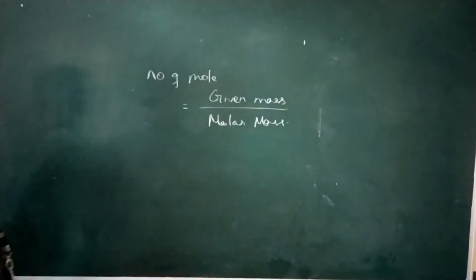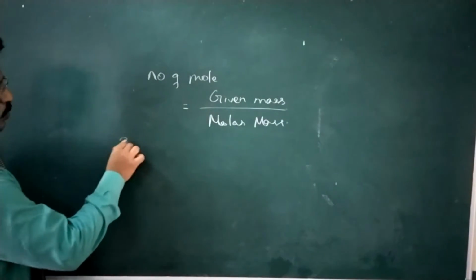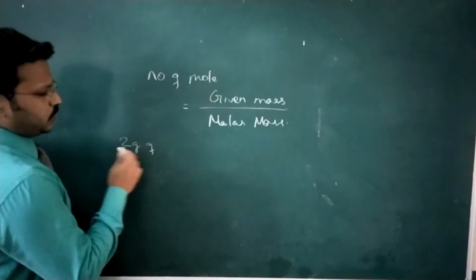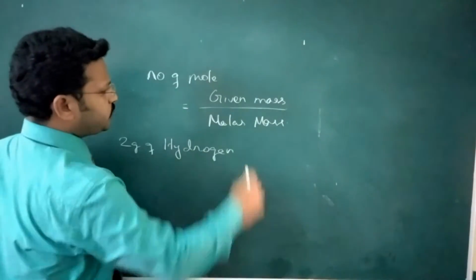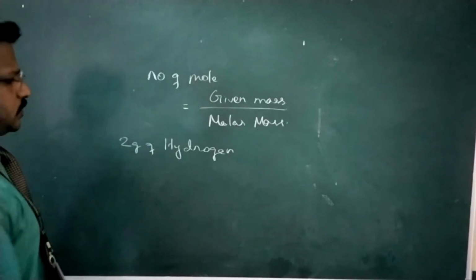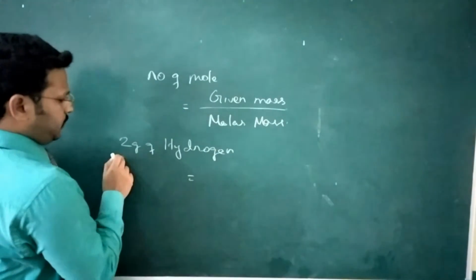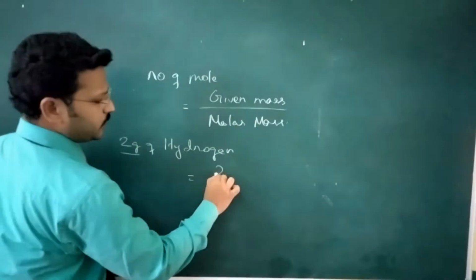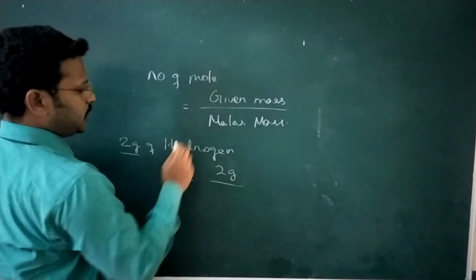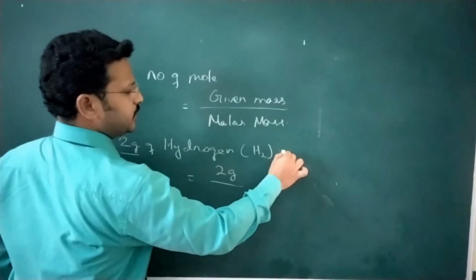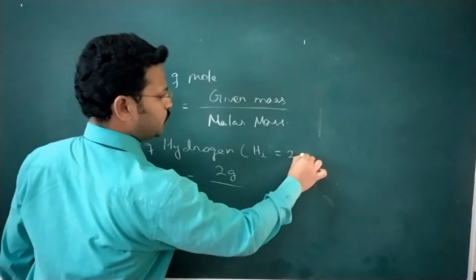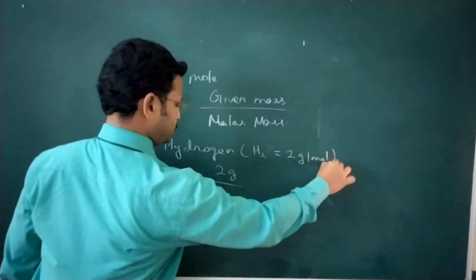Suppose I am considering 2 gram of hydrogen. How many moles will be present in 2 gram of hydrogen? The mass given here is 2 gram. The molar mass of hydrogen or dihydrogen, that means H2, is 2 gram per mole.